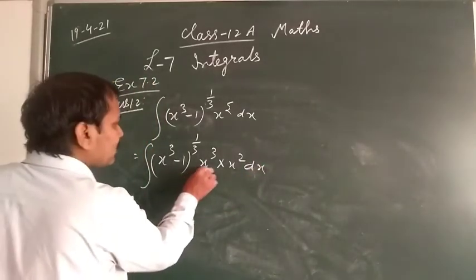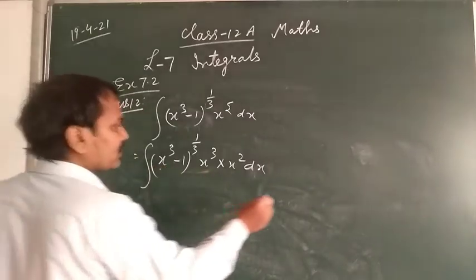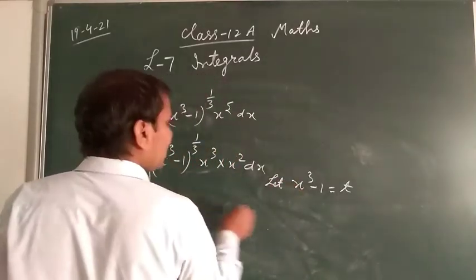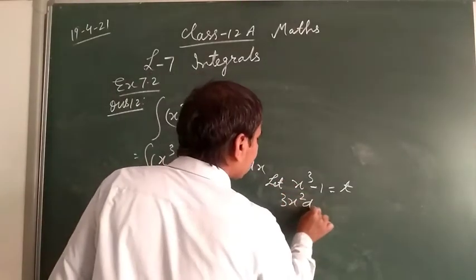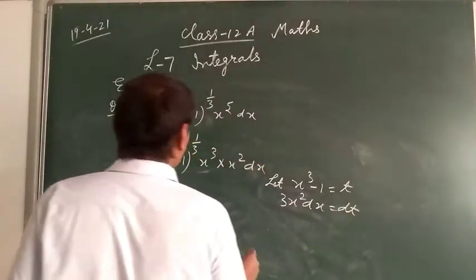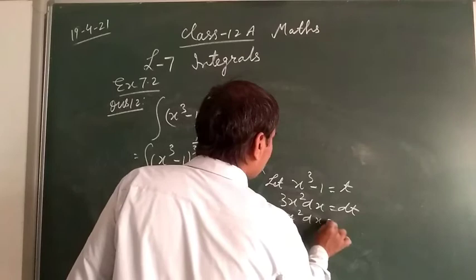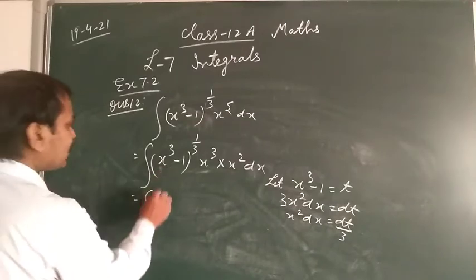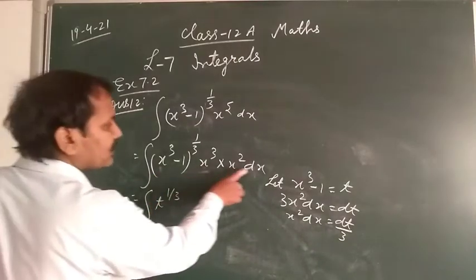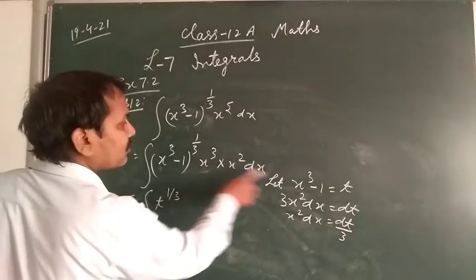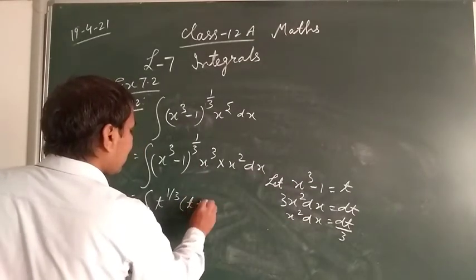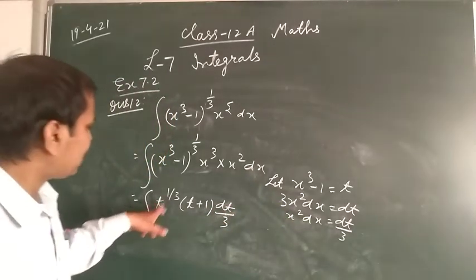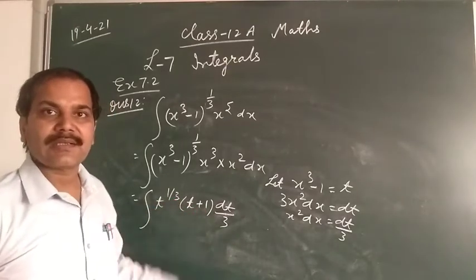After that, suppose x cube minus 1 is t. So differentiating x cube, 3x square dx equal to dt. So x square dx equal to dt by 3. So here t power 1 by 3, x cube is t plus 1, and x square dx is dt by 3. Then multiply by t power 1 by 3 in brackets and integrate it. Clear?